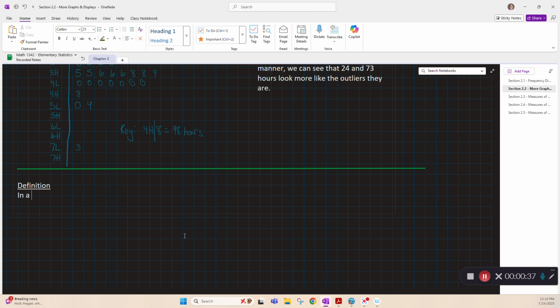In a dot plot, each data entry is plotted using a point above a horizontal axis.